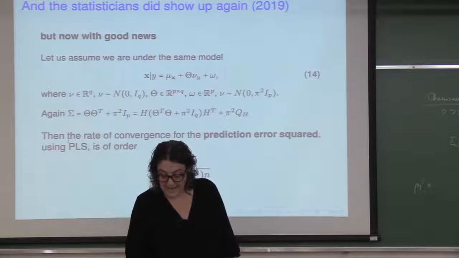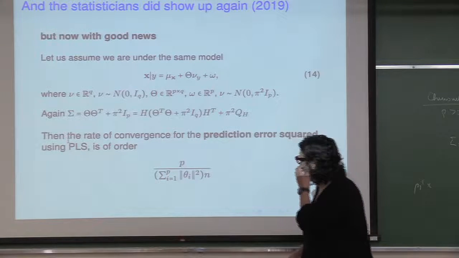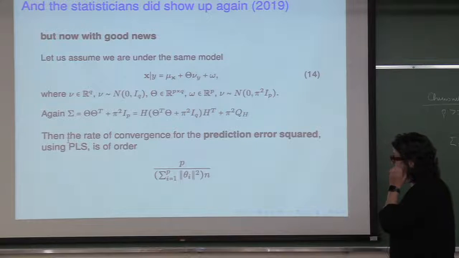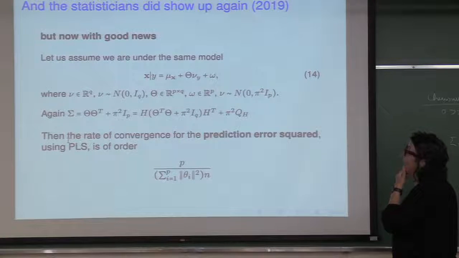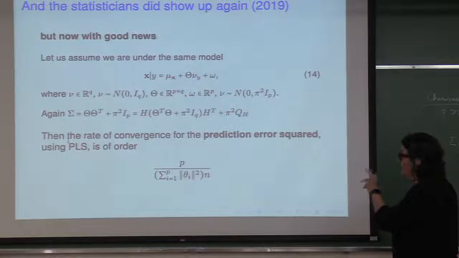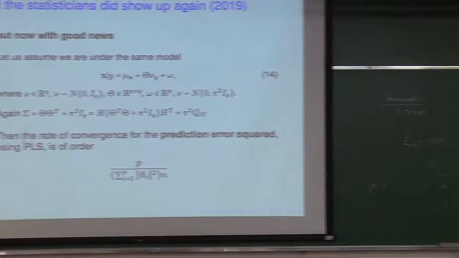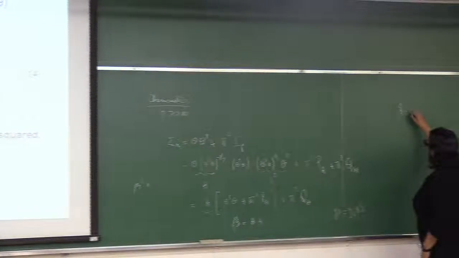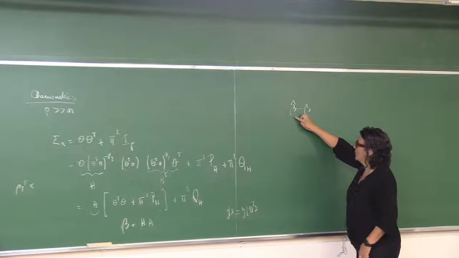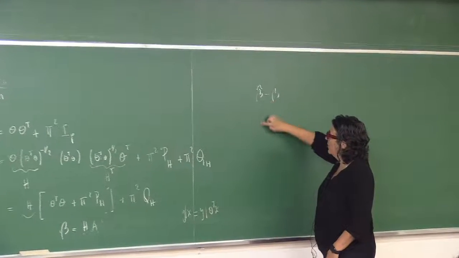But well, here is the first contribution that I made, at least. When P and N go to infinity, we look at the prediction error, because here we cannot talk about beta hat minus beta, no? When you do beta hat minus beta, this is longer and longer.